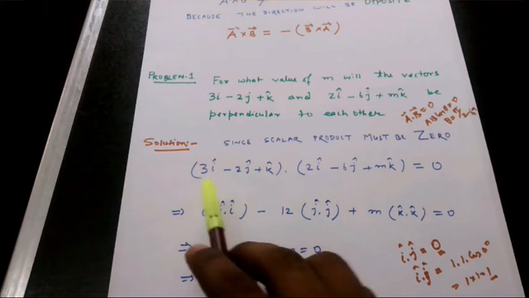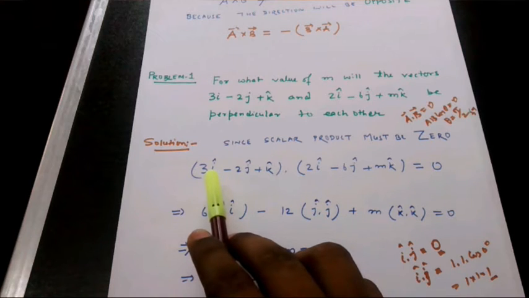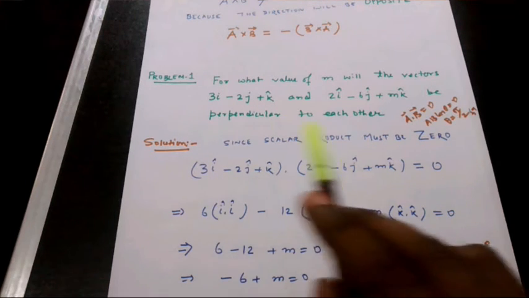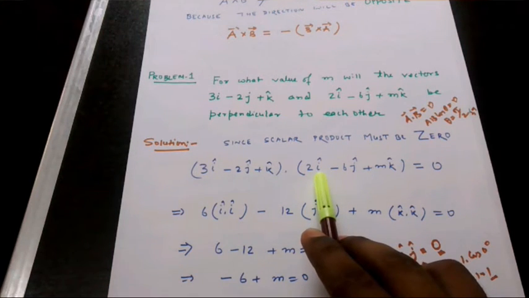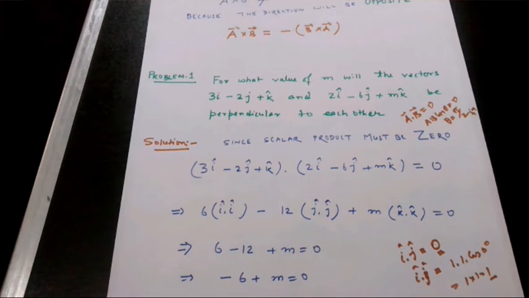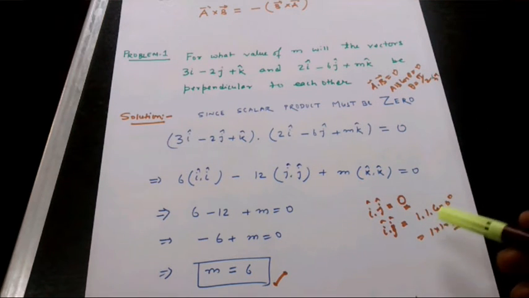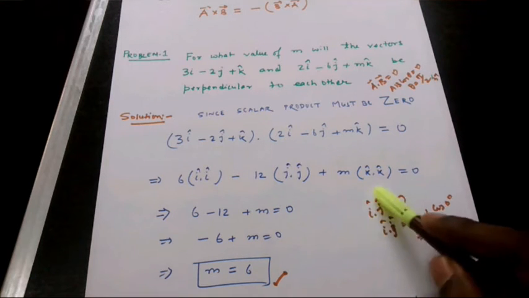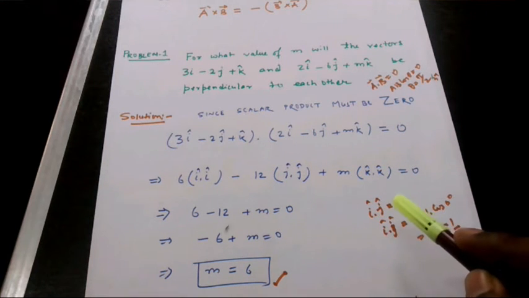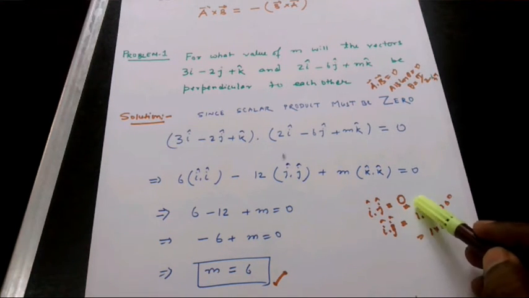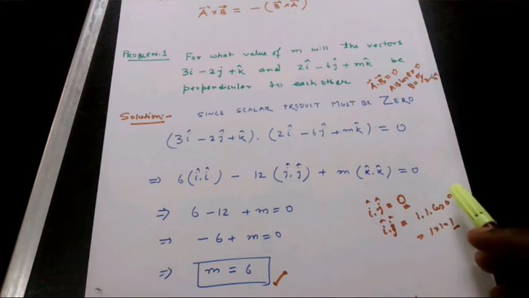During multiplication I will multiply the component of unit vector i with the component of unit vector i, because the dot product of dissimilar unit vectors will give the value 0.